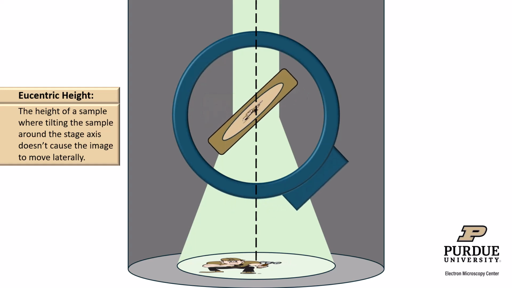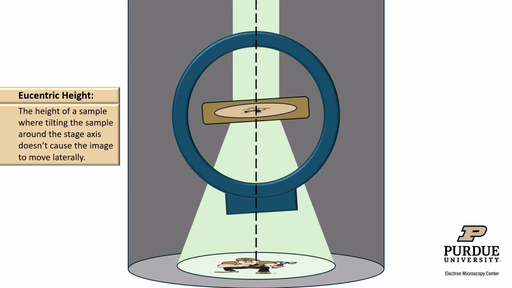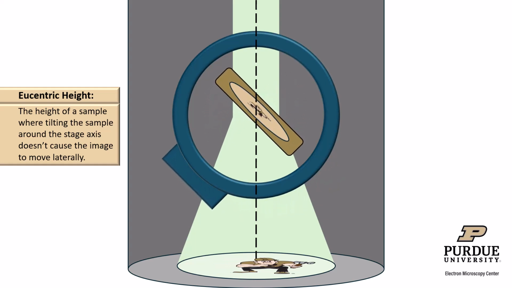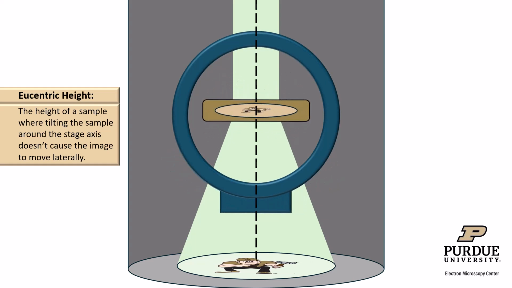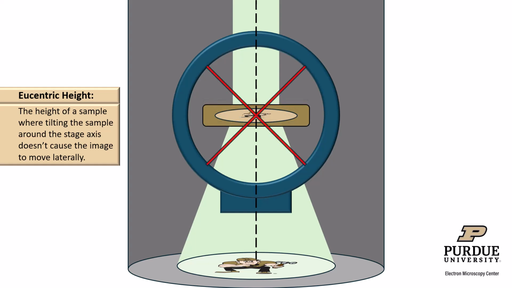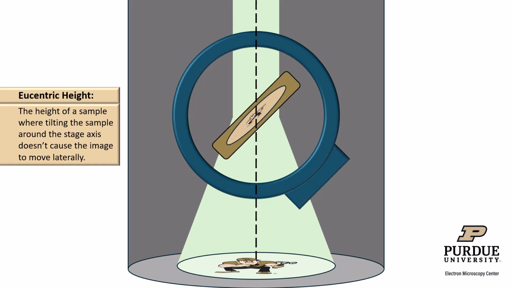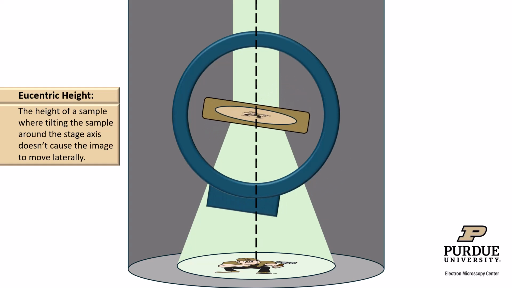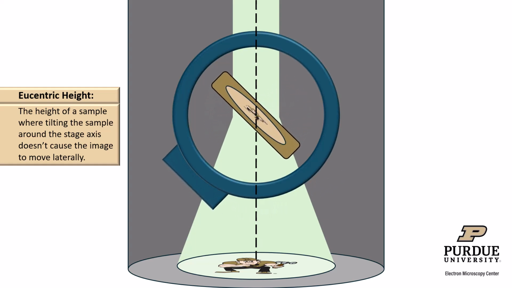If that movement is becoming smaller, then that means you're headed in the right direction. And eventually, when you're exactly at the right eucentric height, you will see little to no movement on the phosphor screen or CCD camera during tilting.